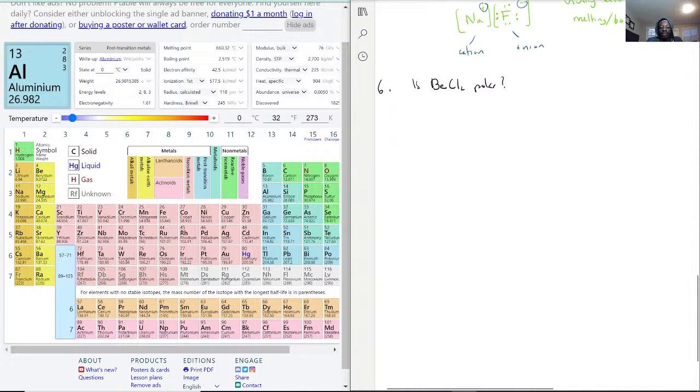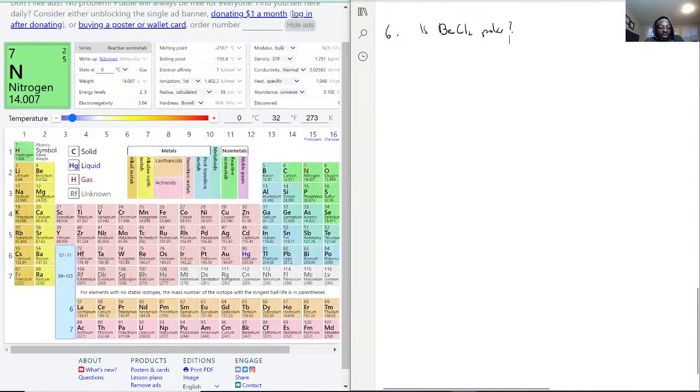The reason why I call it beryllium chloride, as you notice, is that this is an example of an ionic compound, and because of that, the naming rules mean we do not state the fact that there are 2 chlorines there. We don't say beryllium dichloride, we just say beryllium chloride because it's a metal with a non-metal. And the question is asking if beryllium chloride is polar.